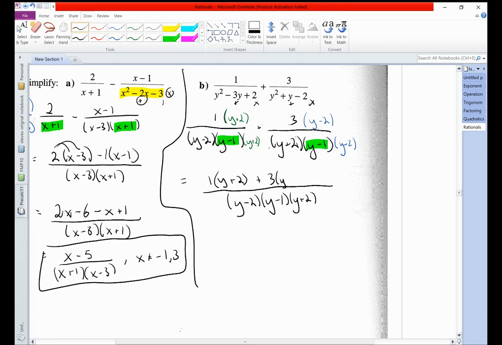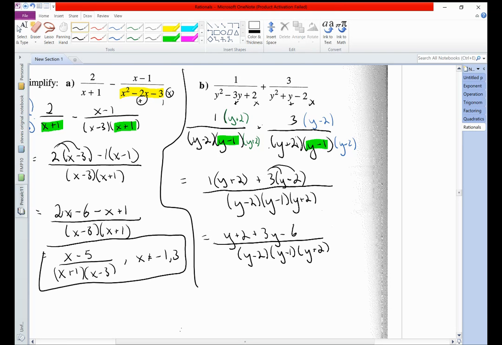And 3 multiplied by y minus 2. We'll simplify the top. So we have y plus 2 plus, that 3 multiplies through, so 3y minus 6 all over y minus 2, y minus 1, y plus 2.